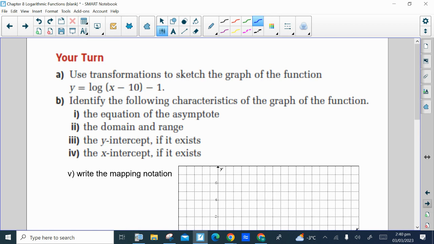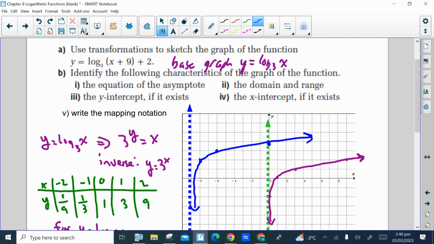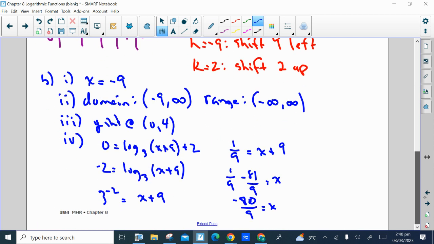So this one will be a transformation of y equals log of x, log base 10 of x. I guess I did forget to do the mapping notation for this last one, so let's go back and do that.